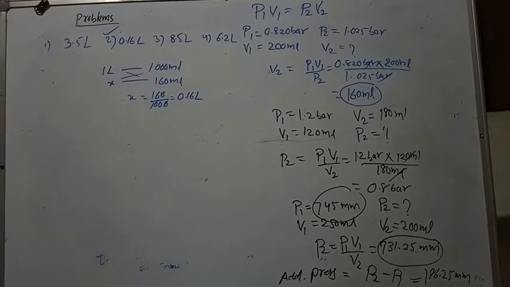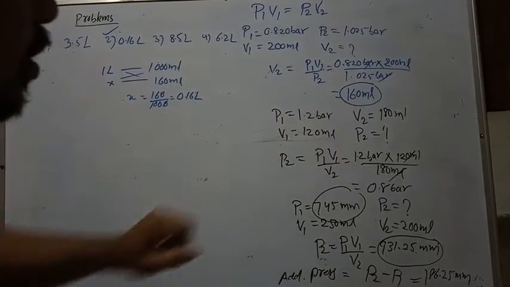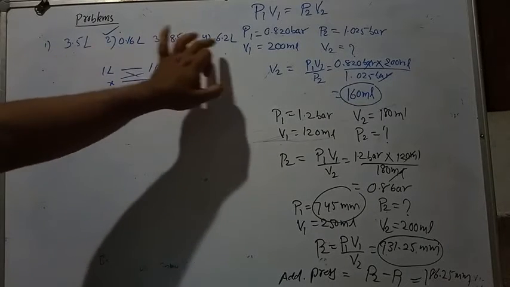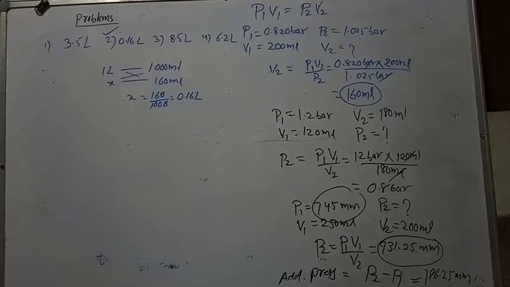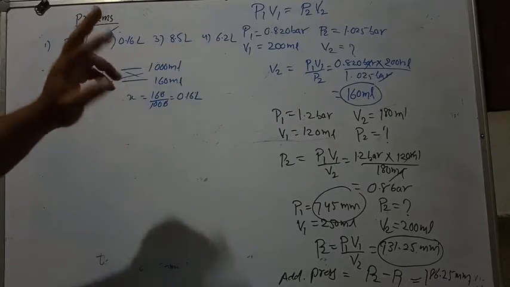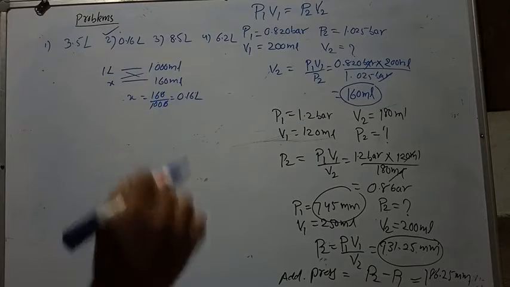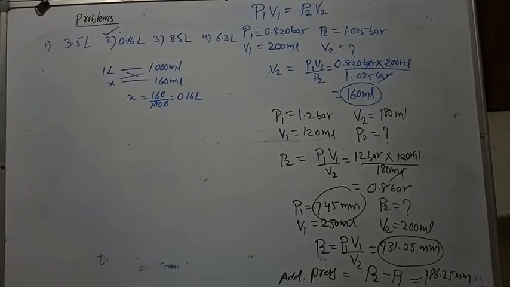You are getting 160, but the answer does not appear in ml, so you have to convert. That is the reason why previously I gave those values: unit conversions, pressure conversions, like that.